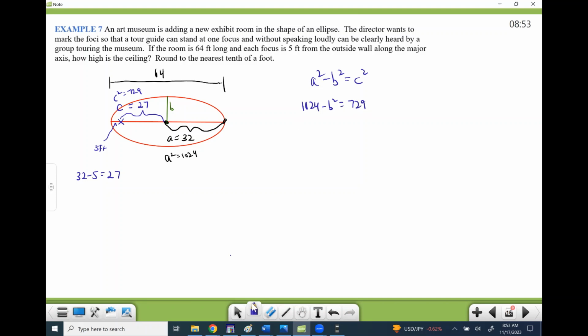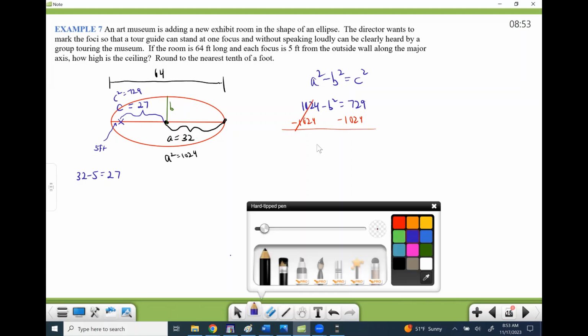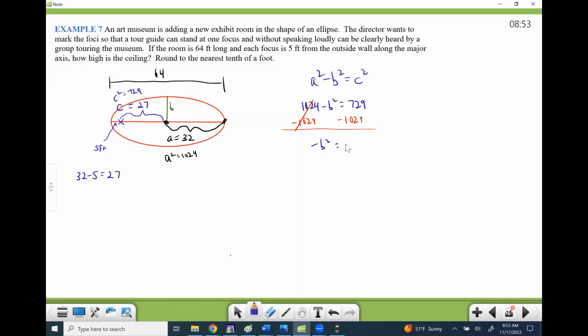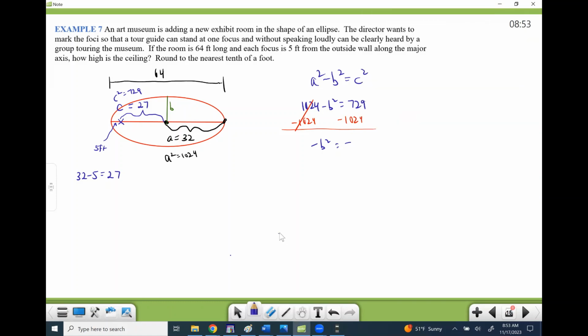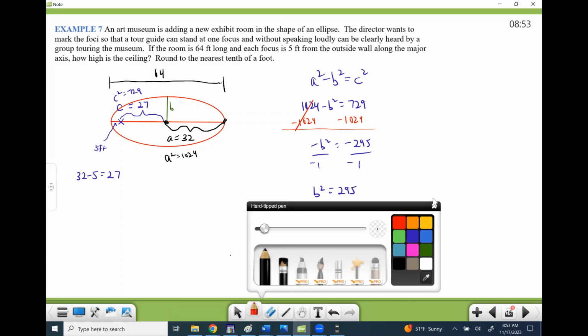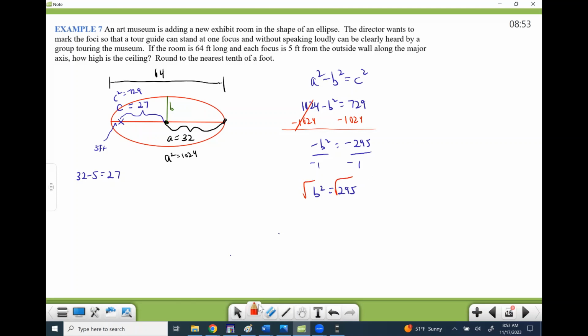So we're going to subtract 1,024 from both sides. 729 take away 1,024 is -295. And you get B squared equals 295. Square root both sides.